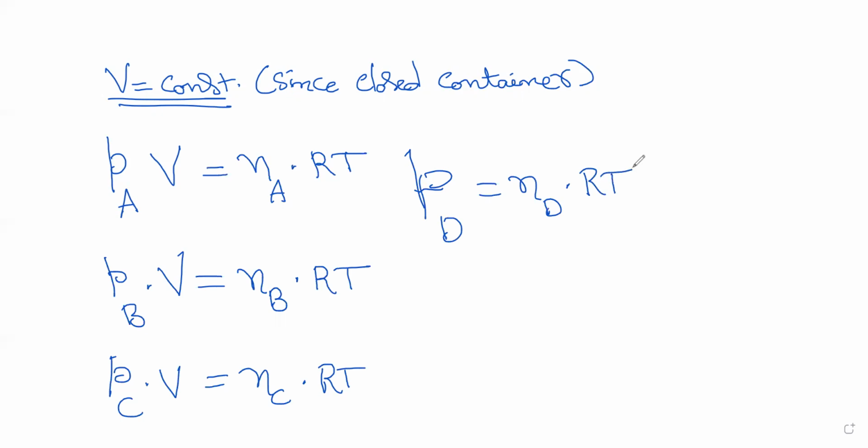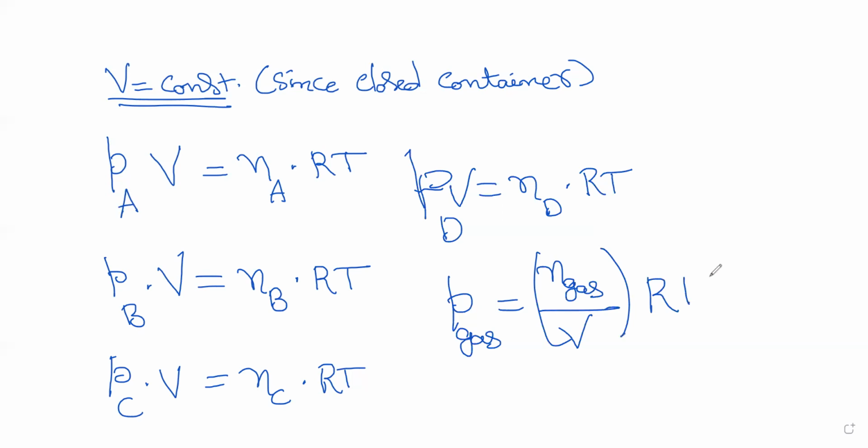So these are the 4 equations. Now for any gas, if X is the gas, the partial pressure of the gas is number of moles of the gas divided by volume into RT.